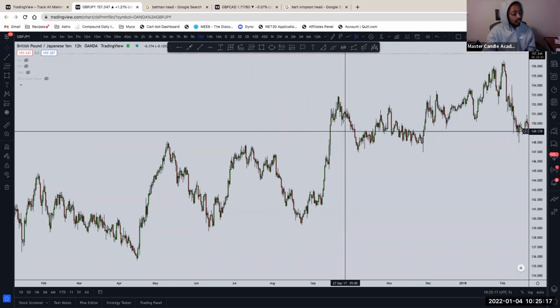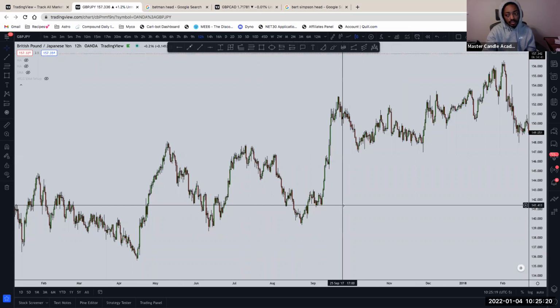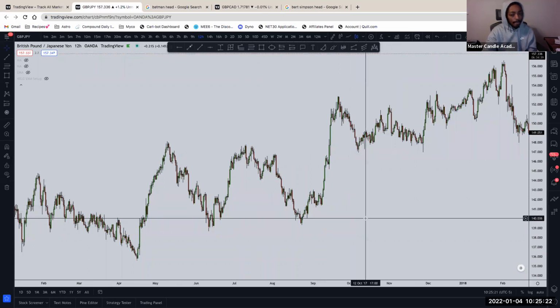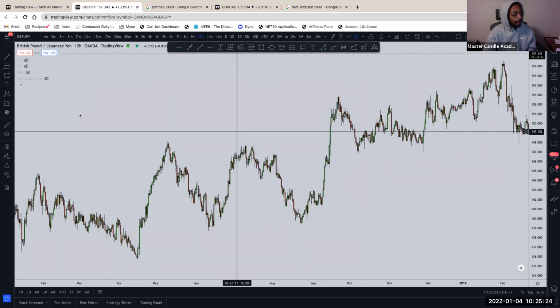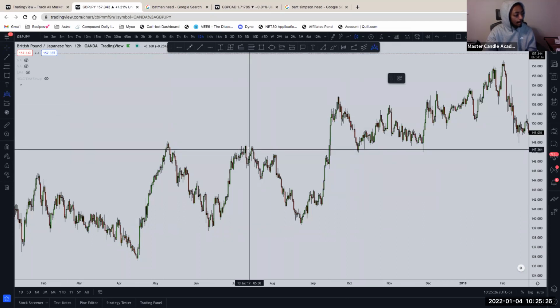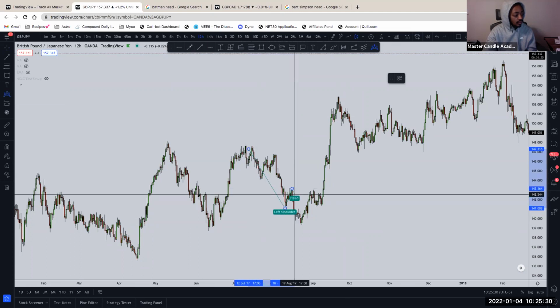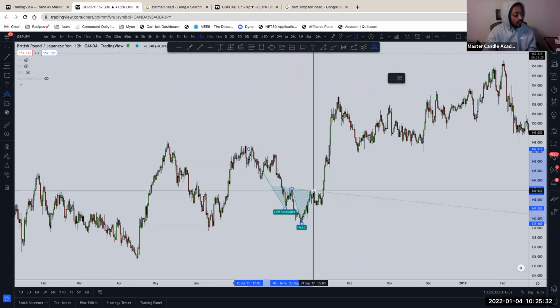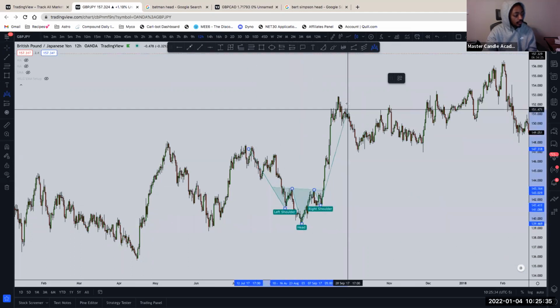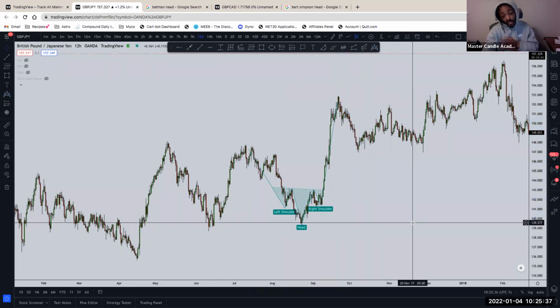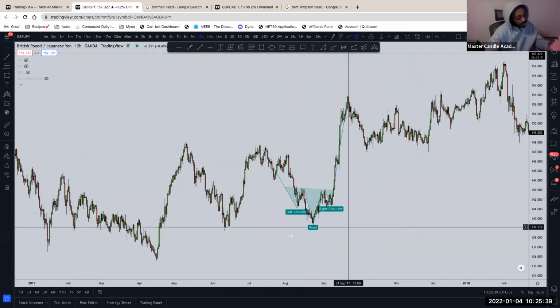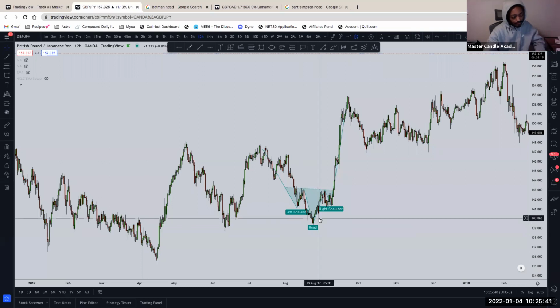What do we see? There we go, right? Inverted head and shoulders. So they happen, yes, because this is a low of a market, absolutely.